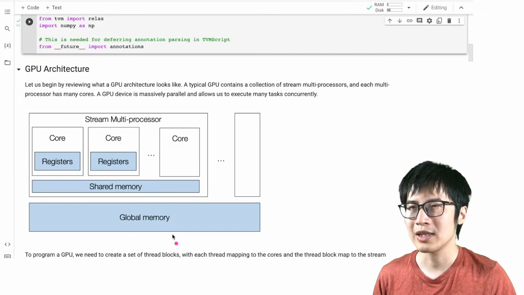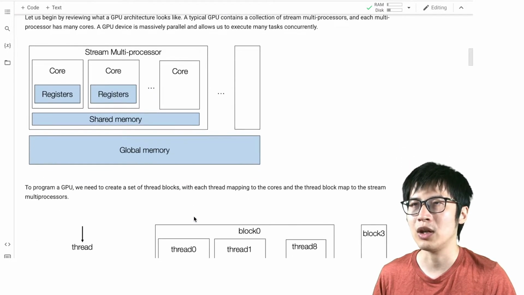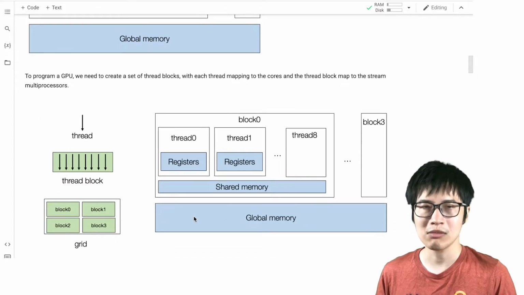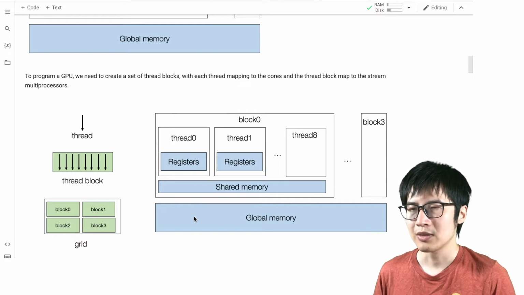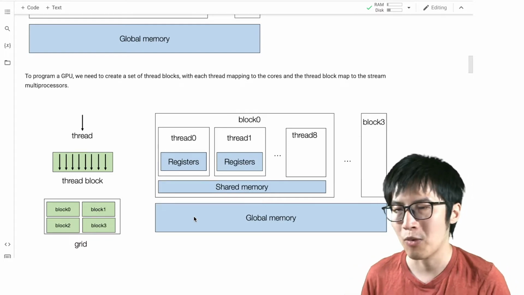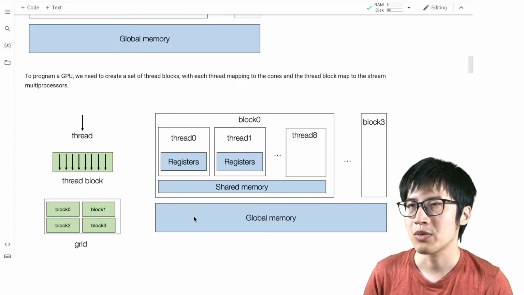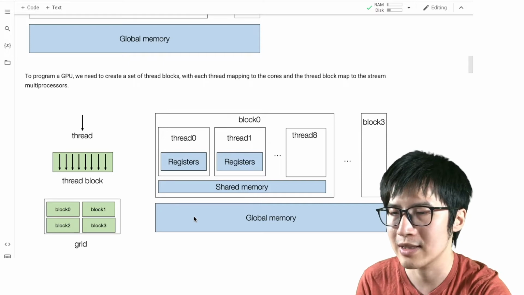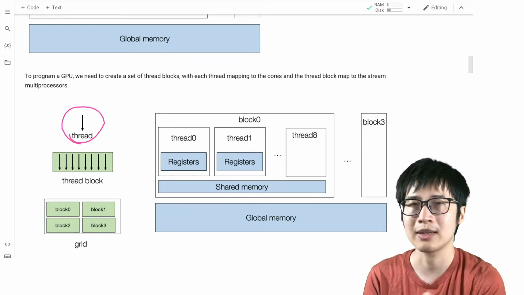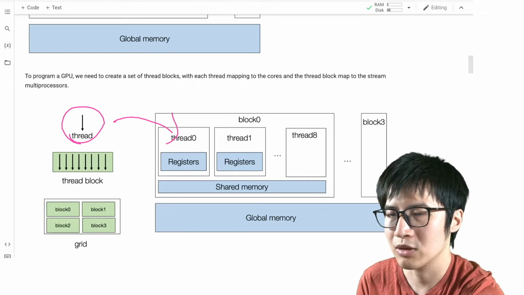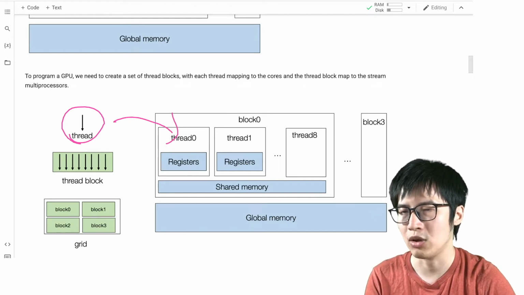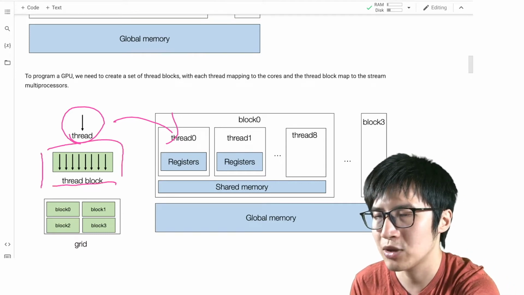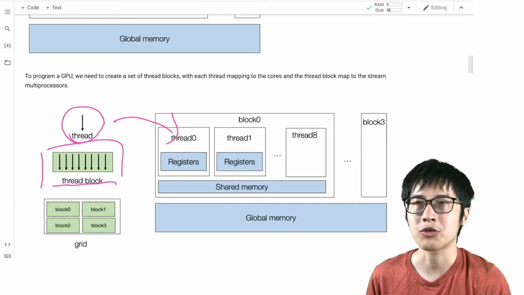Now that we've introduced this generic architectural view of the stream multiprocessors, let's come back and talk about how we normally program a GPU. Conceptually, when we have a GPU at hand, we try to map the computations onto a group of threads. In this case, a program describes one thread that gets mapped onto one of the cores here. Multiple threads can be grouped together to form what we call a thread block.